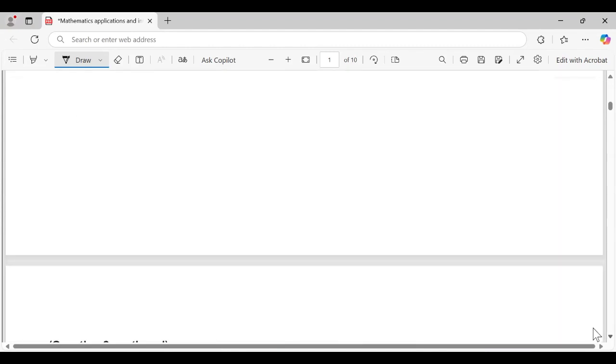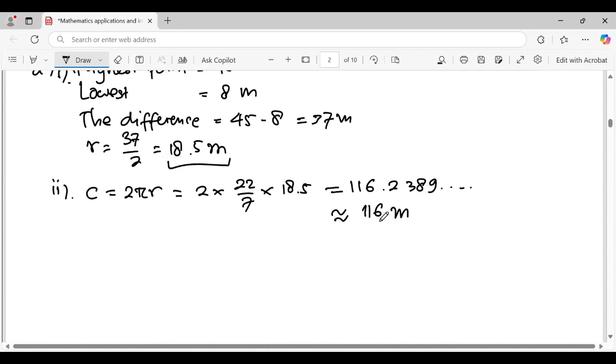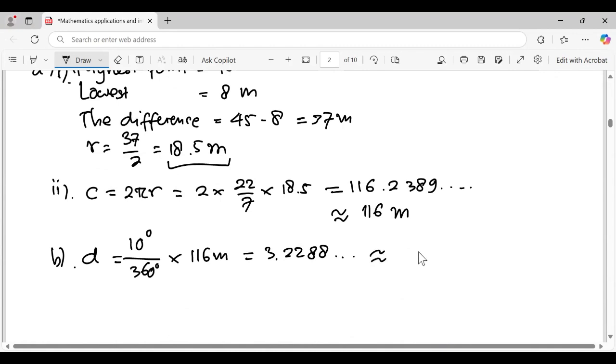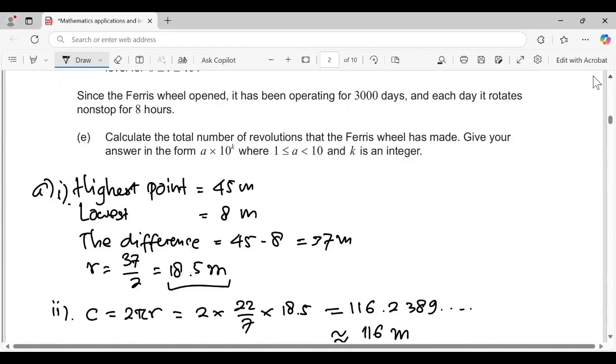So we need the circumference, which is already calculated. Then the distance equals 10 degrees over 360 degrees times 116 meters, which equals 3.2288, rounded off, 3.23 meters.